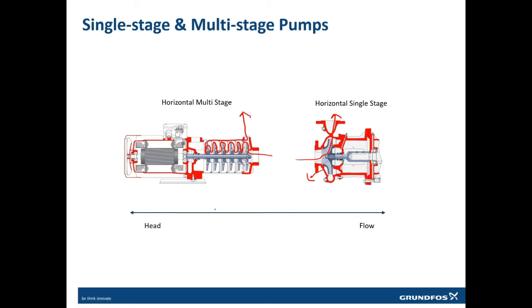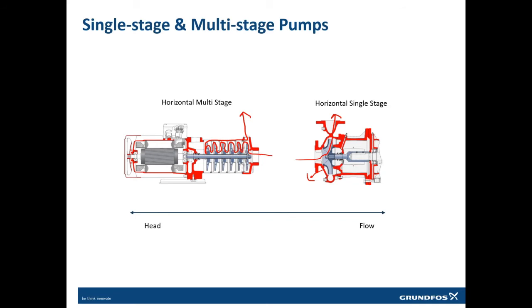So what happens? How does it increase the pressure? Because in the last slide I said multi-stage pumps are used for higher pressure. This multi-stage pump works as pumps connected in series. The water gets into the first impeller, leaves the first impeller with some pressure, enters the second impeller with some pressure, and then leaves the second impeller with double the pressure it entered.